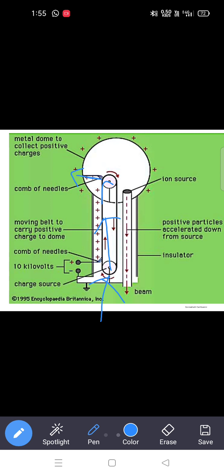It collects the positive charge from the belt and then takes this charge around the metal sphere. The charge that builds up on the metal sphere distributes itself uniformly around the outside of the sphere.